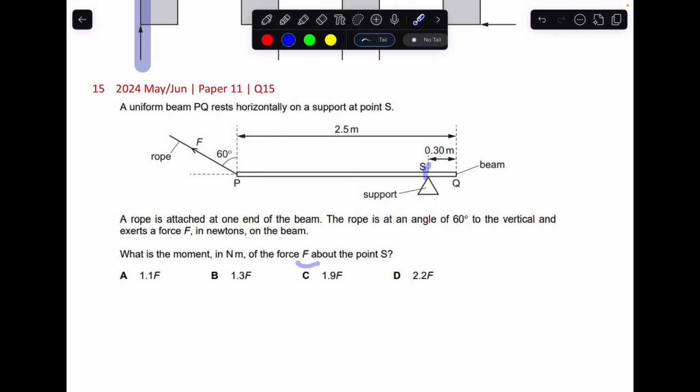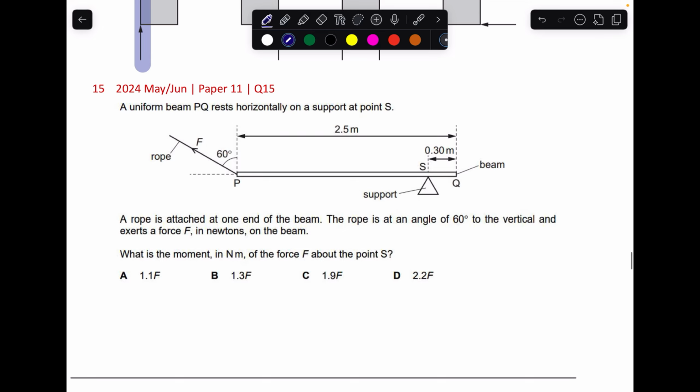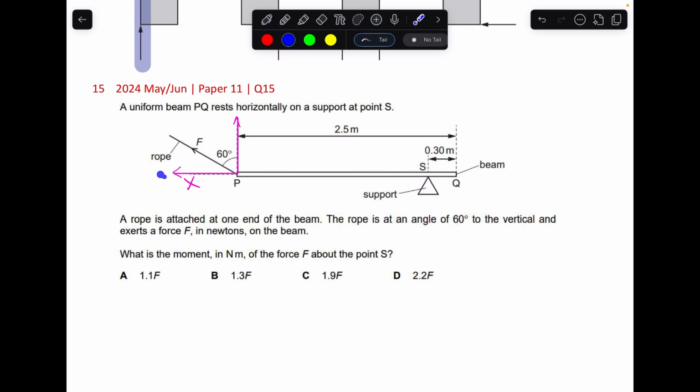This force is at an angle, so you have to find its components. One component will be like this, the other will be like this. This component is irrelevant because it is passing through the pivot point, and when it passes through the pivot point, it will not produce any moment.